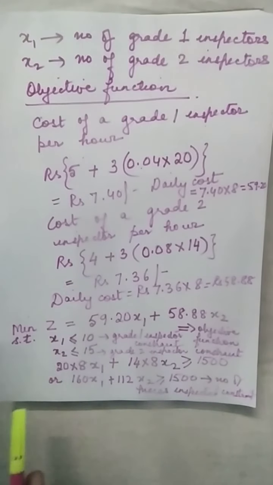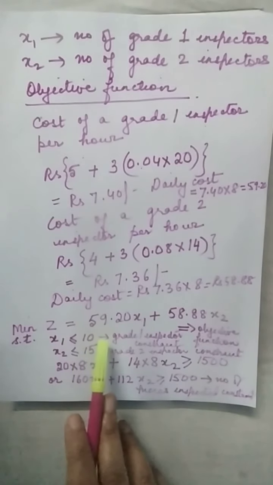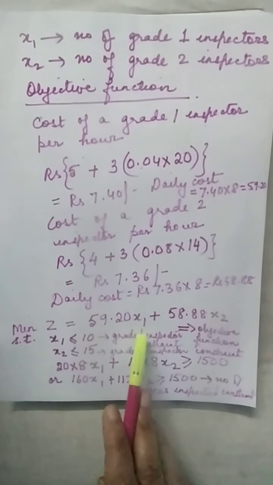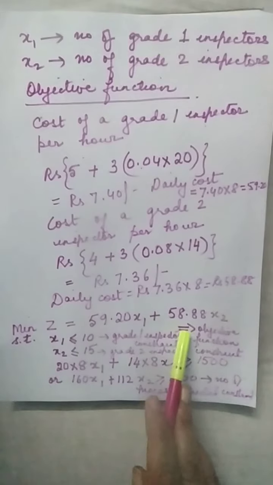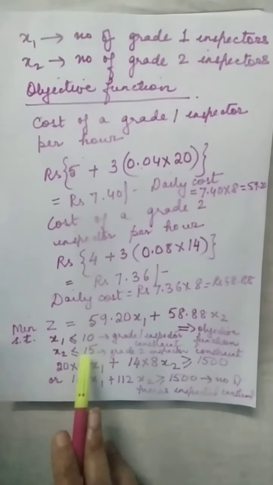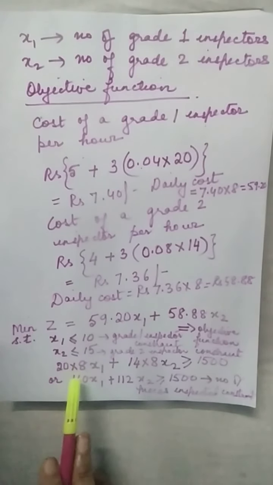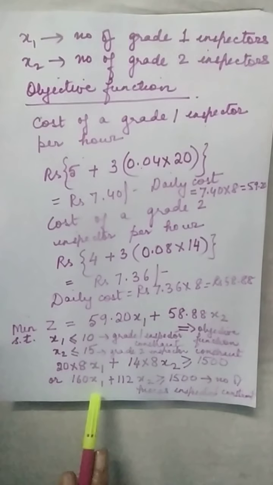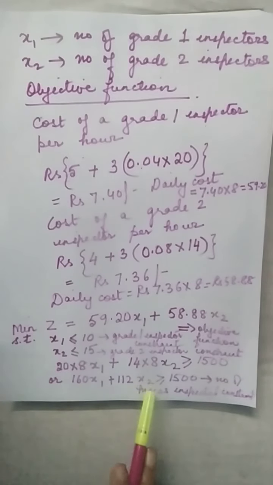So this problem boils down to: minimize z equal to 59.20 x1 plus 58.88 x2 subject to x1 less than or equal to 10, x2 less than or equal to 15, 160 x1 plus 112 x2 greater than or equal to 1500.